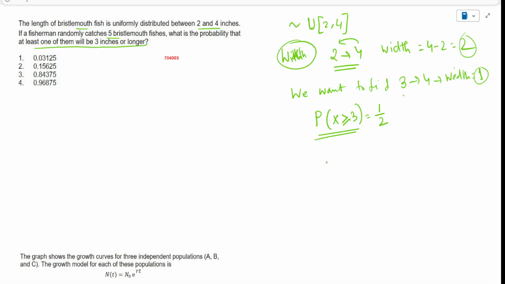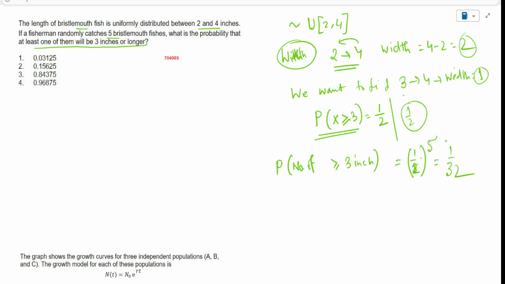For 5 fish, the opposite probability is also 1 by 2. So the probability that none of the 5 fish are greater or equal to 3 inches is 1 upon 2 five times, which is equal to 1 upon 32.